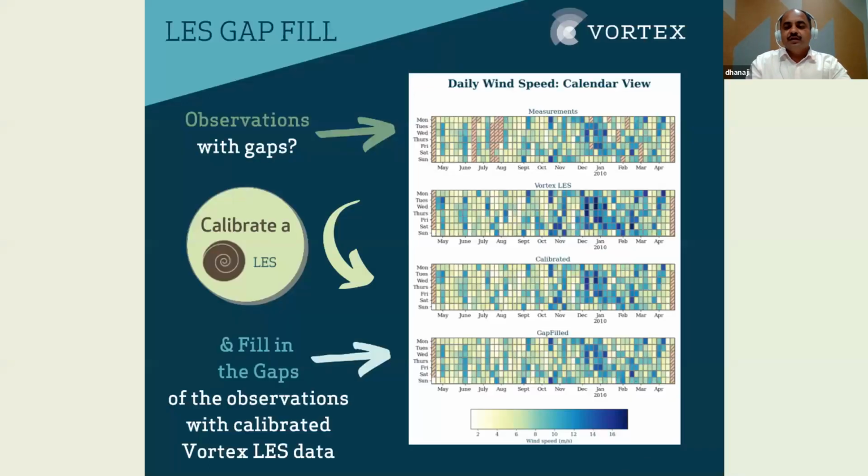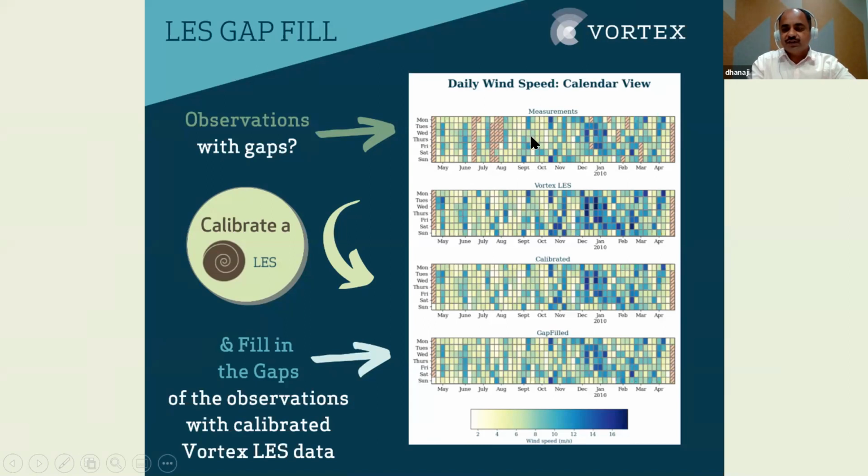So what exactly do we do in this gap fill tool? You can see here measured data with gaps. These are the gaps in the measured data. There are several small gaps of 1 or 2 days, and there are big gaps of 1 week, 8 days, or even more. So the user can launch an LES run for the same coordinates of the met mast, and then will have 1 year of LES data.